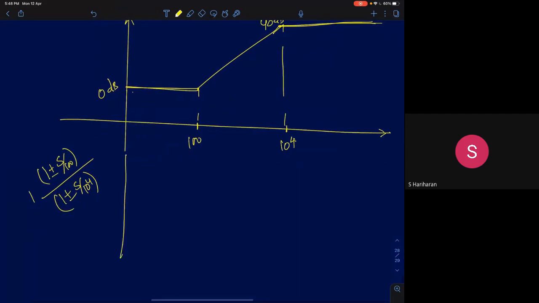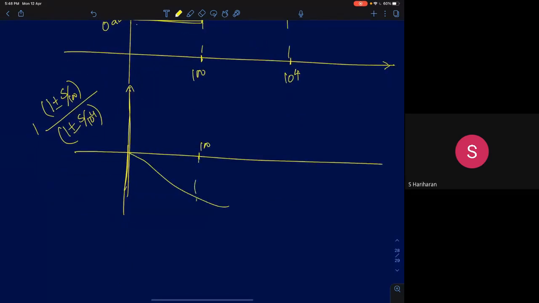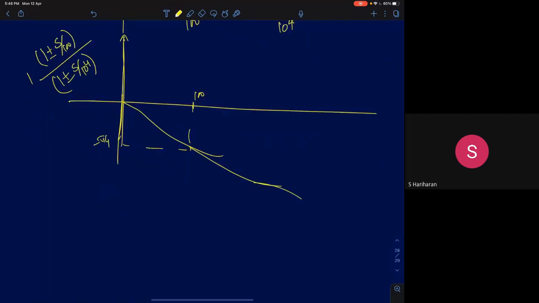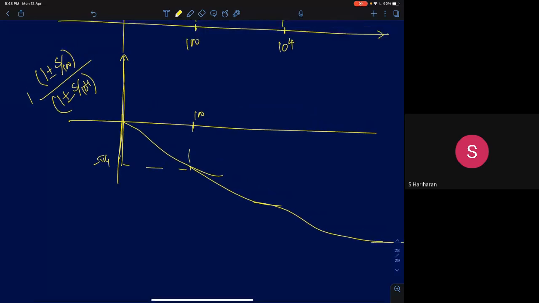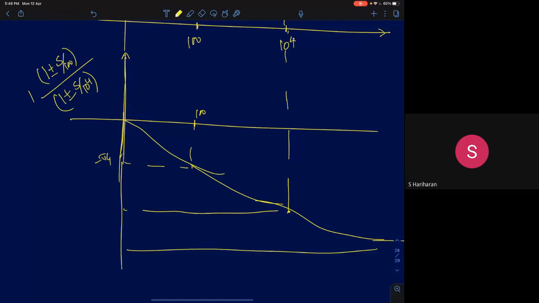Now let me give you the phase response that looks like this. So the maximum phase shift happens to be minus pi. And at 10 power 4, the total phase shift is minus 3 pi by 4, or 135 degrees.